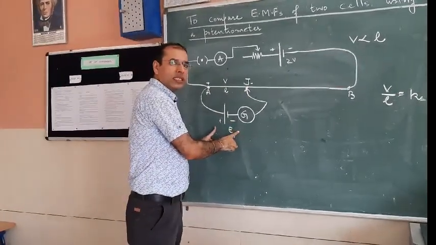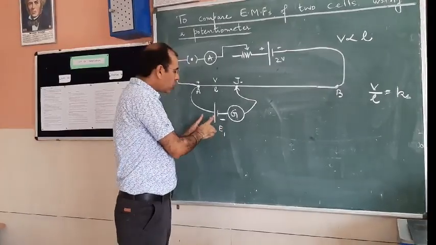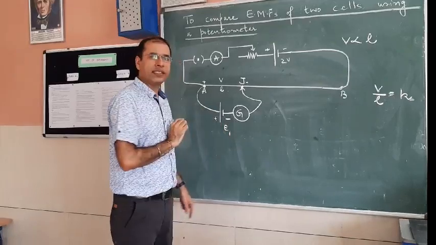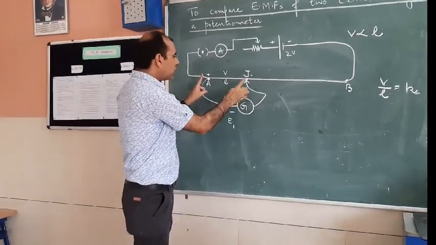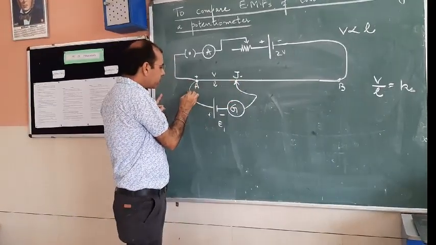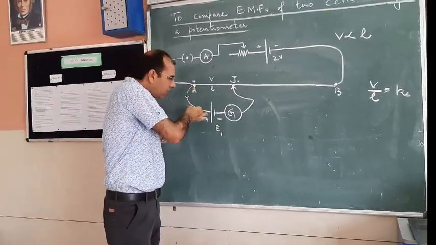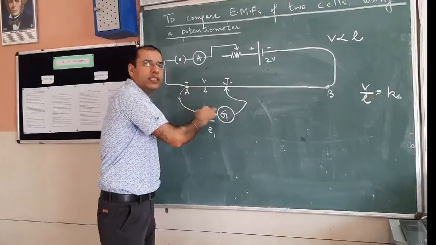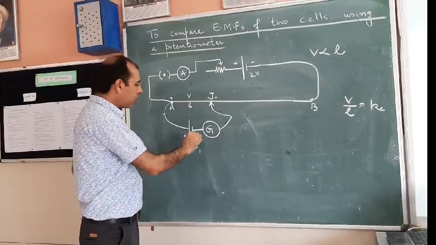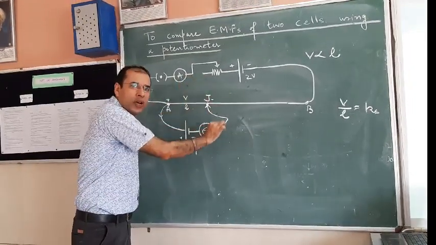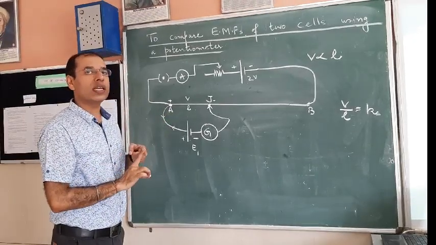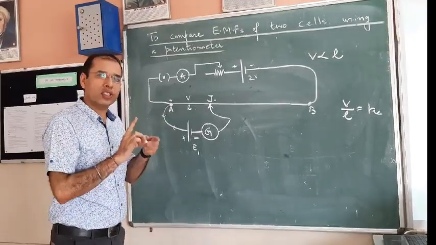Similarly, we have this cell E1 that is also a source of potential difference, with this side positive and this side negative. Now, this piece of wire, which is acting like a source, will try to send current in this direction from its positive to its negative, whereas this cell will try to send the current in a clockwise direction.